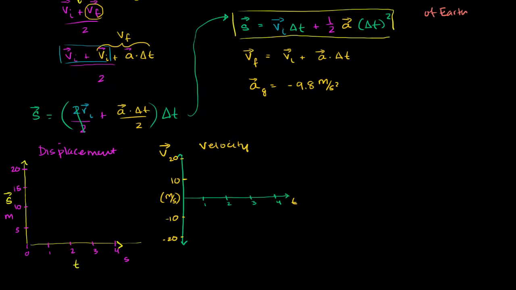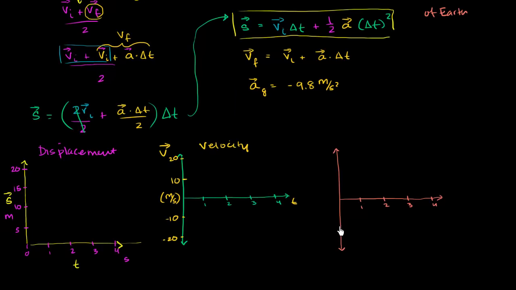And why don't we just throw an acceleration graph over here, although that's to some degree the easiest of them all. I'll just do this right from the get-go because we're going to assume that acceleration is constant. So this is 1 second, 2 seconds, 3 seconds, and 4 seconds into it.